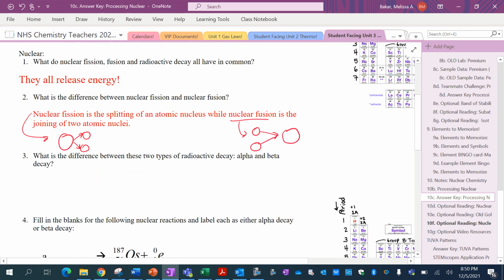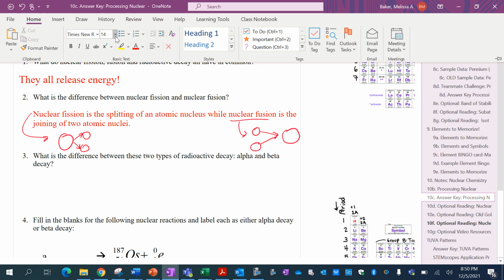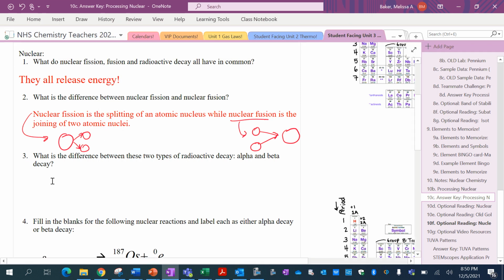What's the difference between these two types of radioactive decay, alpha and beta decay? Let's type this out.